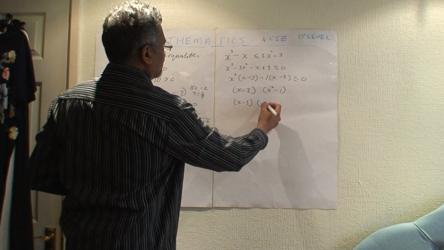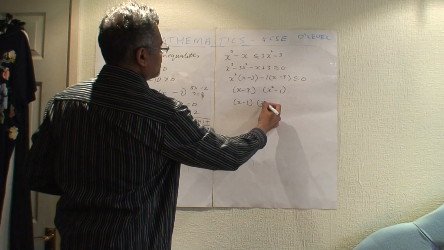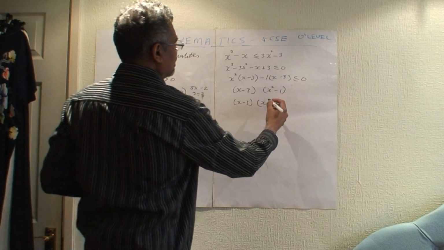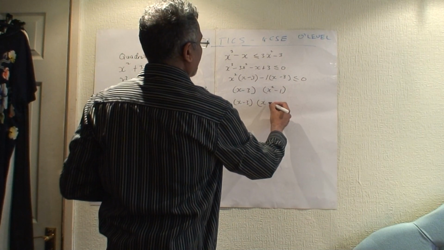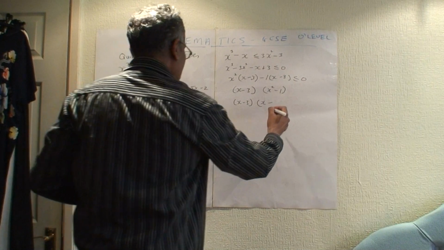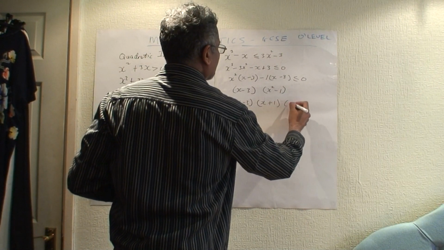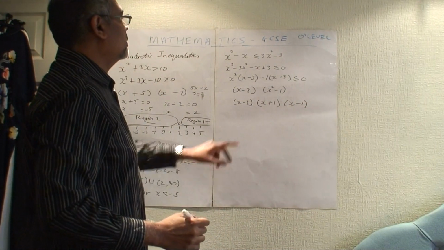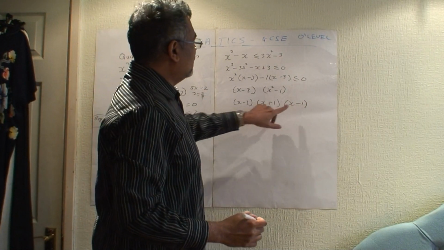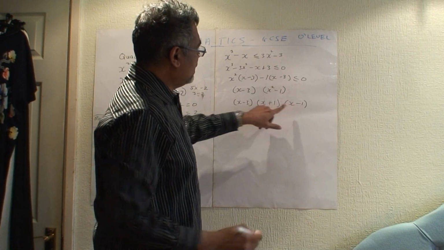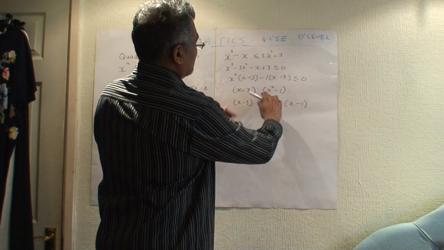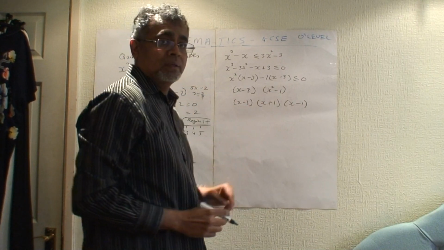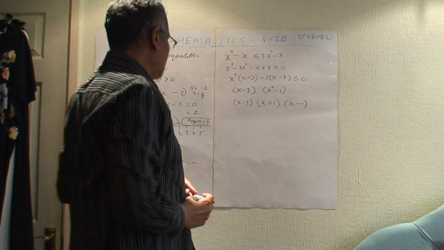We need to take off the square, but we need to repeat the factor twice, so this can be x plus 1 and x minus 1.